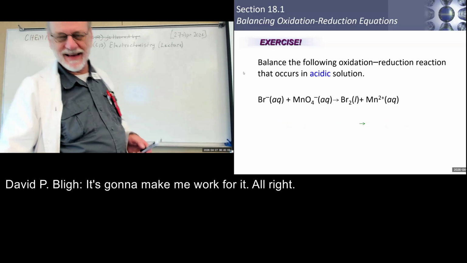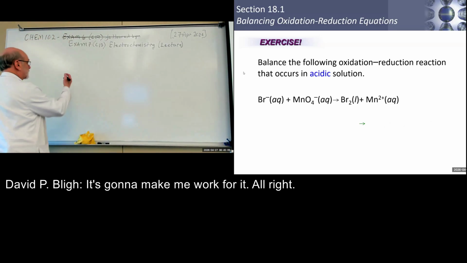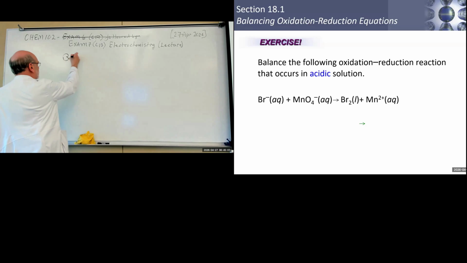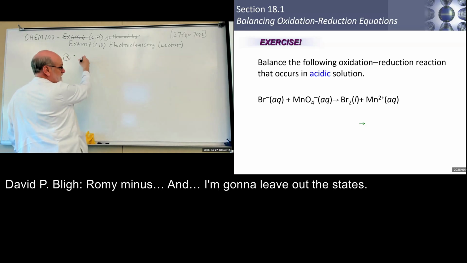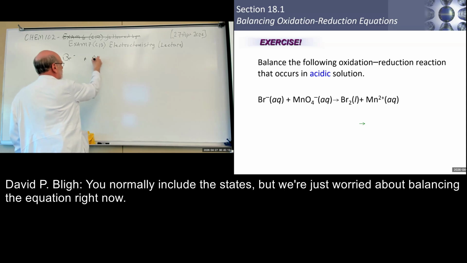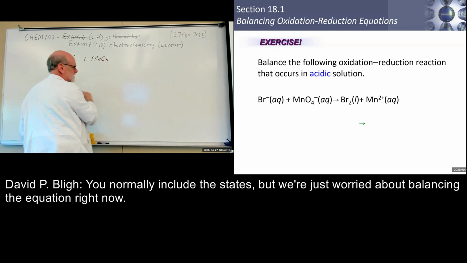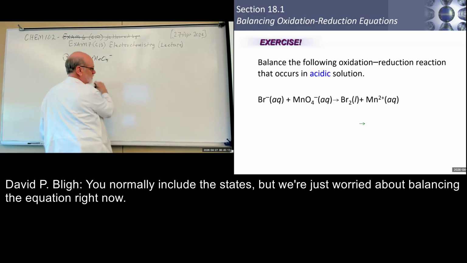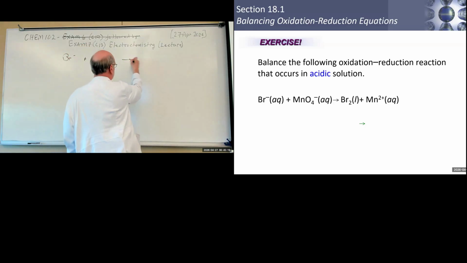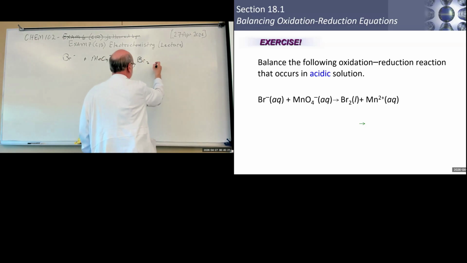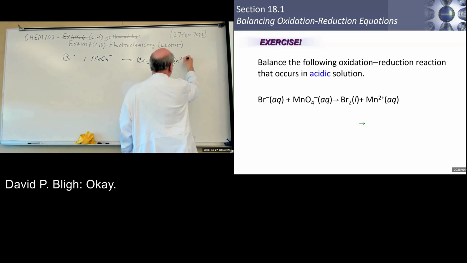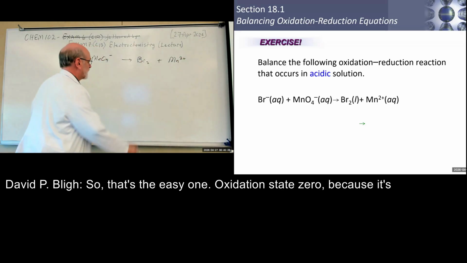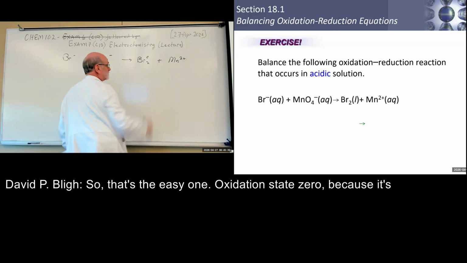Bromine minus. And I'm going to leave out the states. You normally include the states, but we're just worried about balancing the equation right now, and this takes up less room. Okay, so that's the easy one.